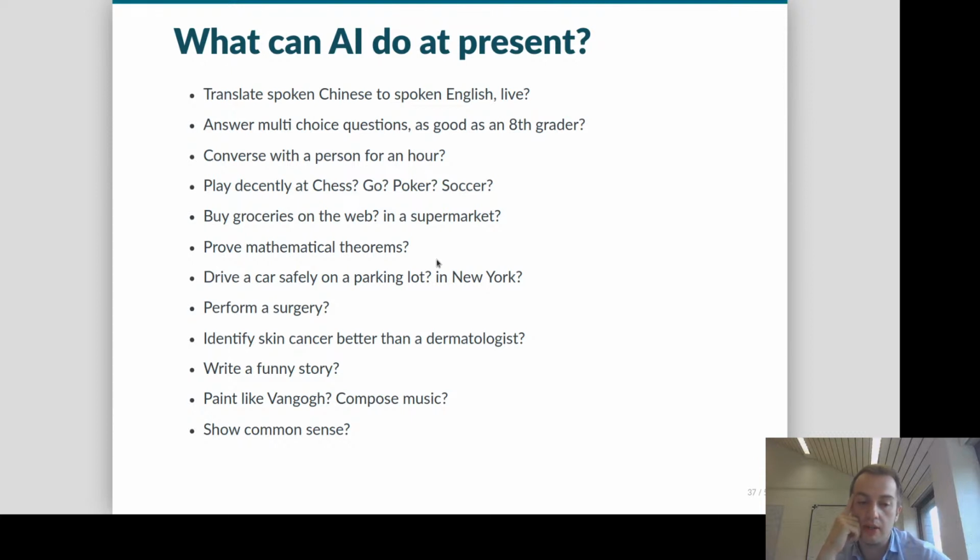Okay, and then a final question: do you think an AI is capable of common sense? Which is something we are all able to do as humans. We don't know how we have this common sense, but we do have it.